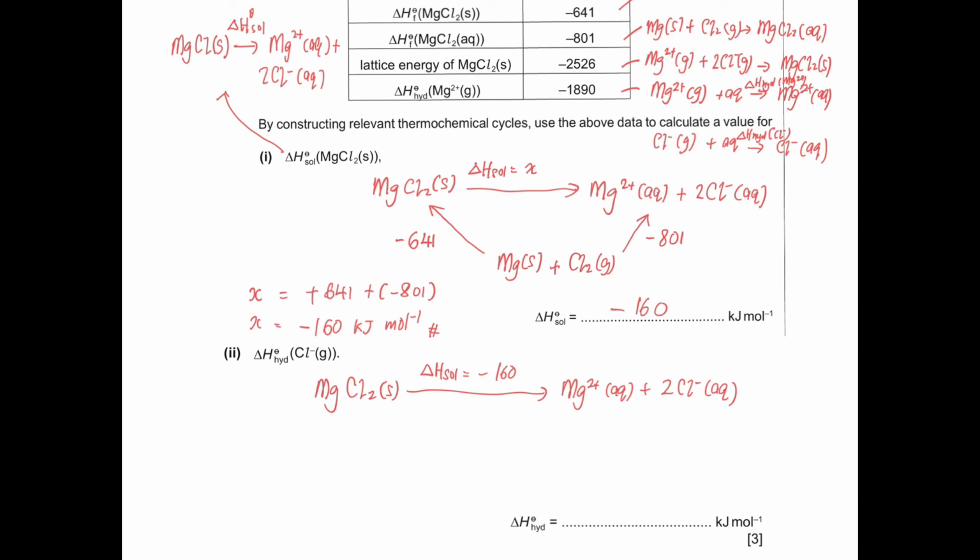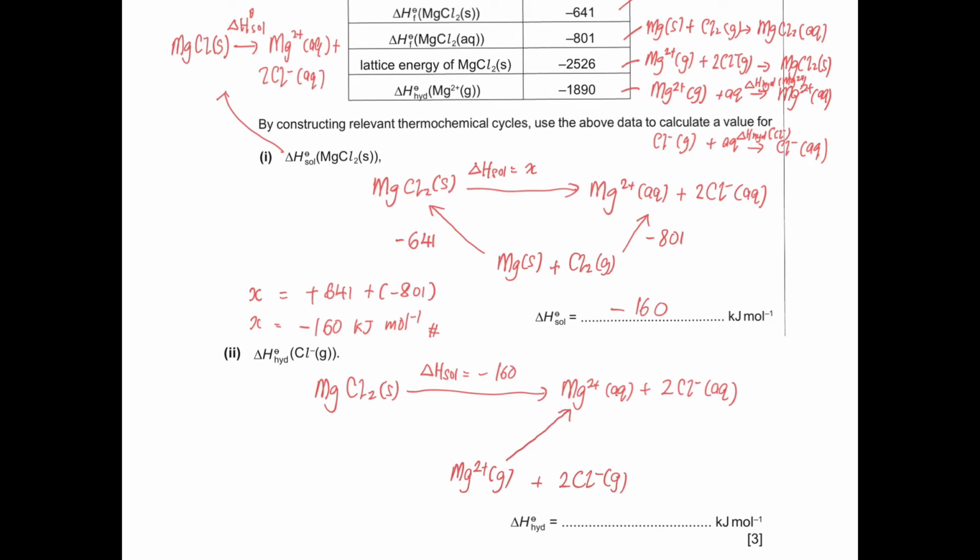Bear in mind the equation that I put over here. Hydration is basically the gaseous ion dissolving in water to form aqueous ion. So what I'm going to do is put my gaseous ion down here, and then connect an arrow. The magnesium gaseous ion forms magnesium aqueous ion.